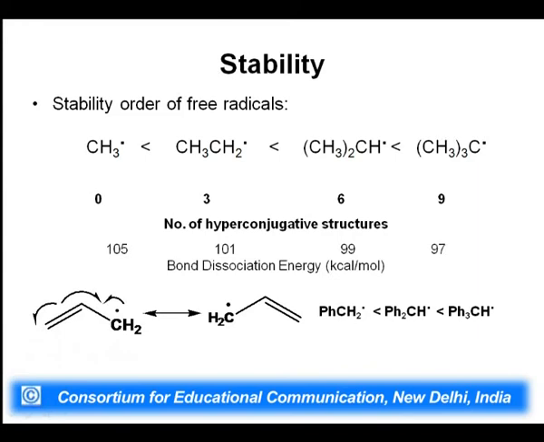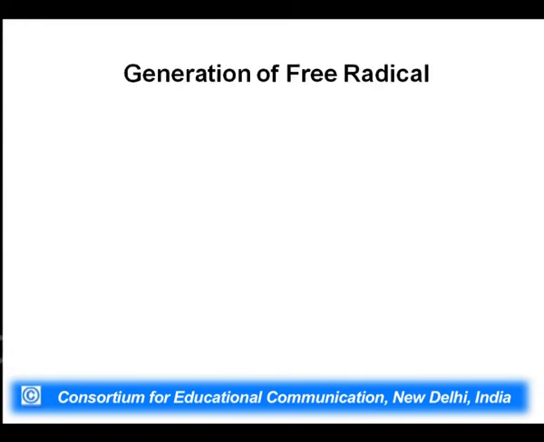It is so stable that it can be stored at a certain temperature. So, the stability increases because more phenyl rings are present there. Because there is no stability by virtue of aromatic character or other character, we straight away move to the generation of free radicals.